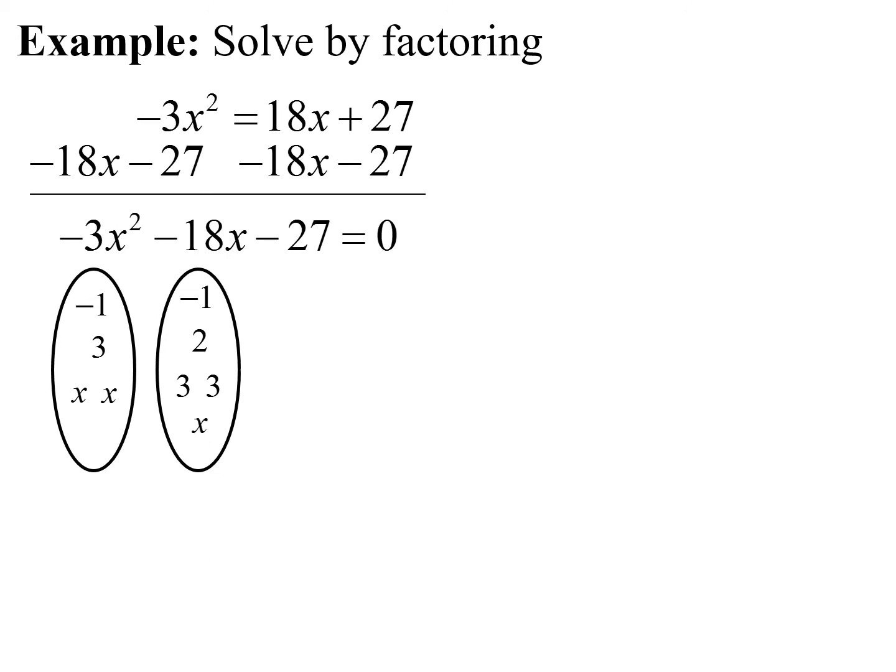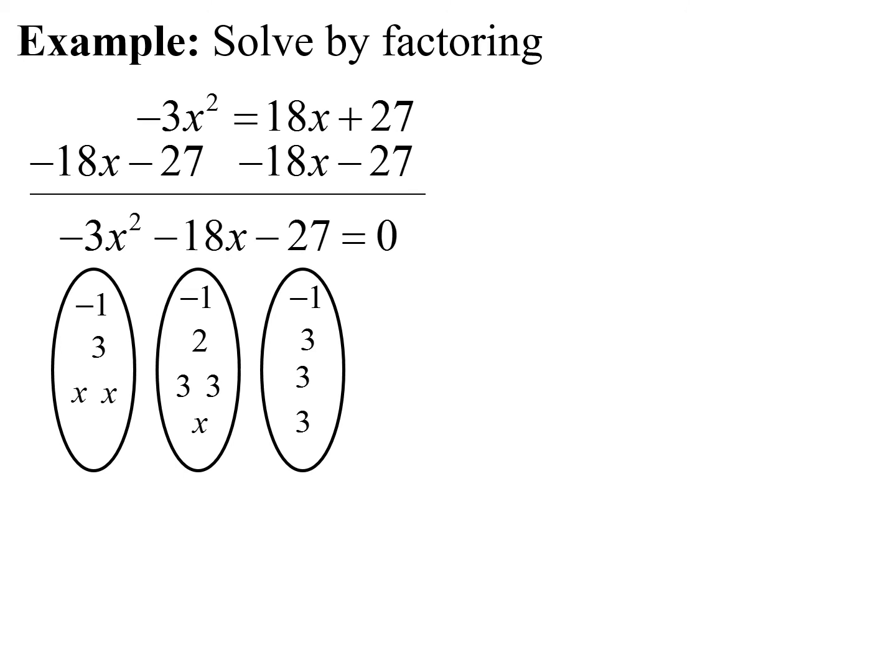And then I have a single x value. And then last, my negative 27 is made up of a negative, and 27 is 9 times 3, and 9 can be broken up into 3 times 3. So what we're doing here is looking at the prime factorization of each of the terms. What are they made up of in their most simple elements?